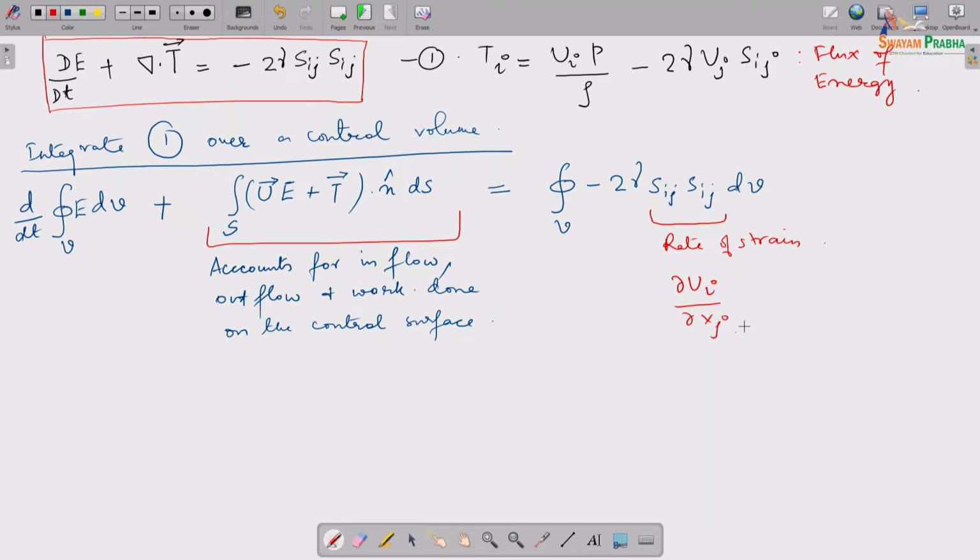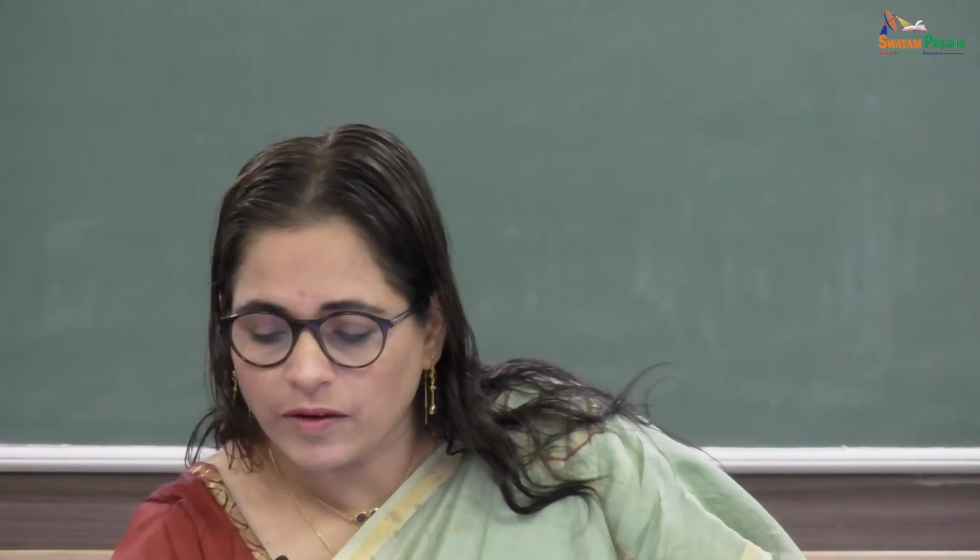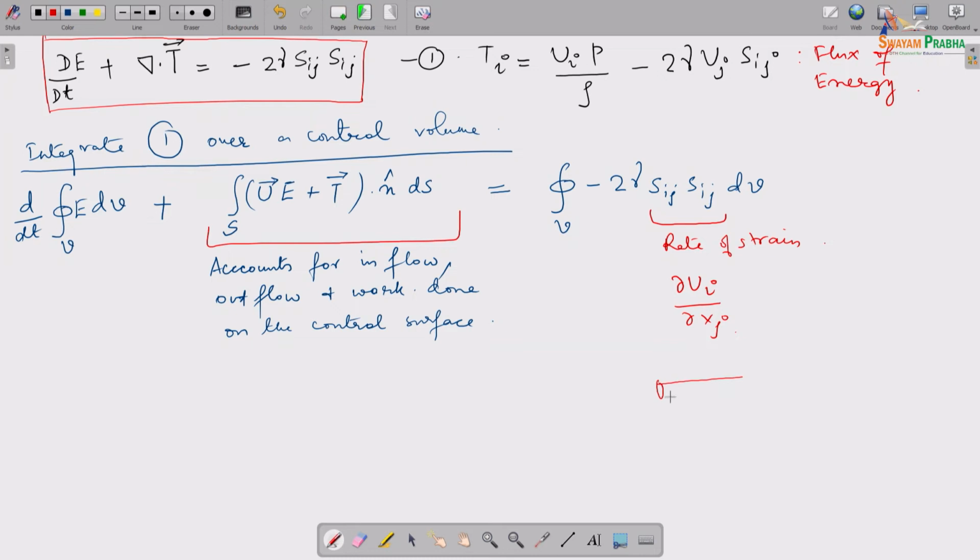If I had to visualize this, say I have a fluid element like this, I think we looked at this earlier, and I say del u i del x j.